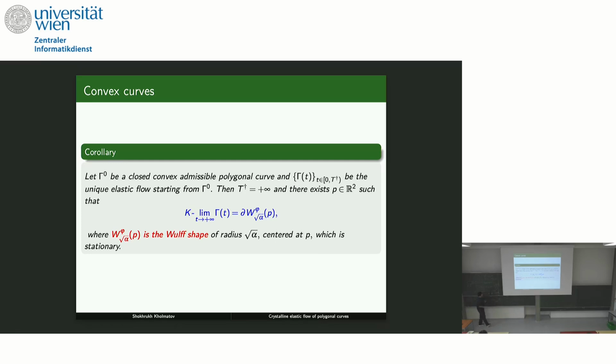And to the best of my knowledge, such a thing is not known in the crystalline case. We know that at the maximal time some segment disappears, maybe with zero curvature or non-zero, but this kind of analysis, first of all the extension after a singularity appears, and second what happens at the maximal time, is not very much studied.